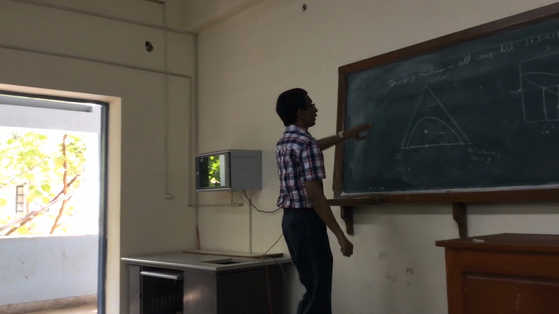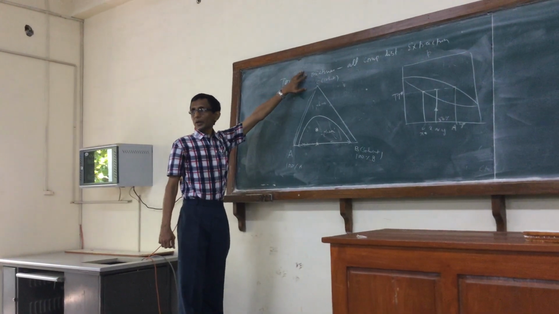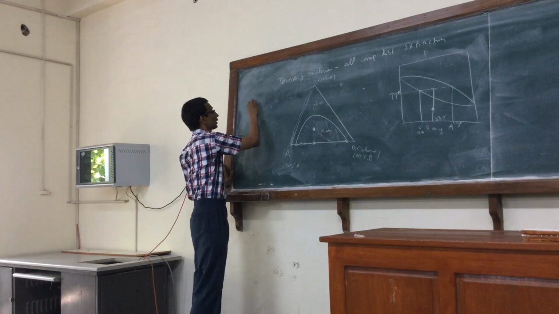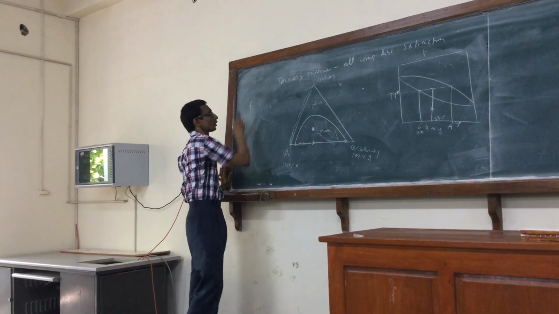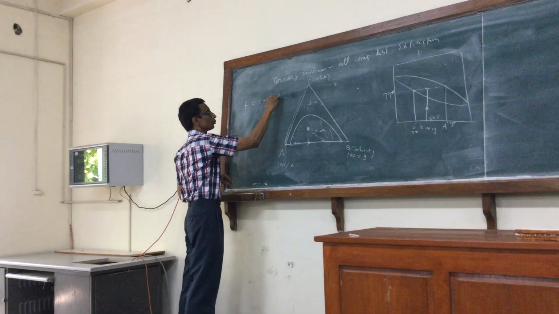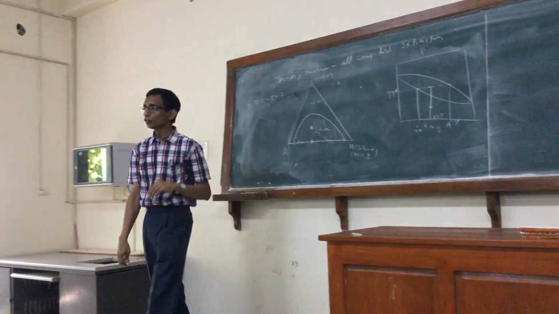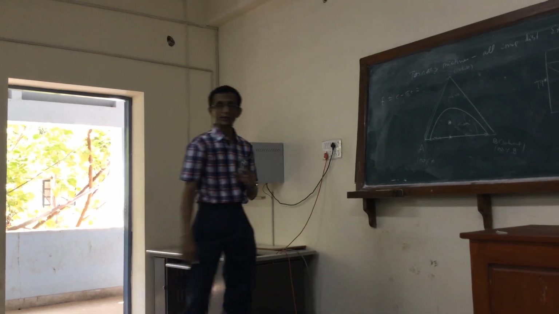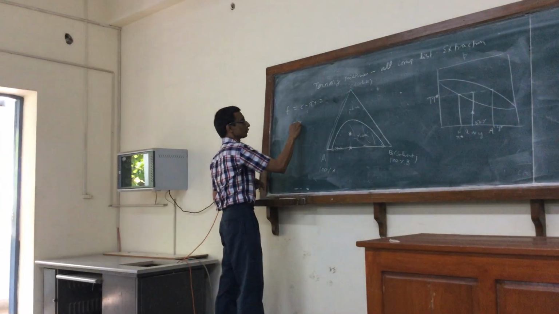Now if you see, typically in extraction, both temperature and what is the number of degrees of freedom, right? So F is equal to C minus pi plus 2. So let's take the two-phase region, the system containing two phases, three components.